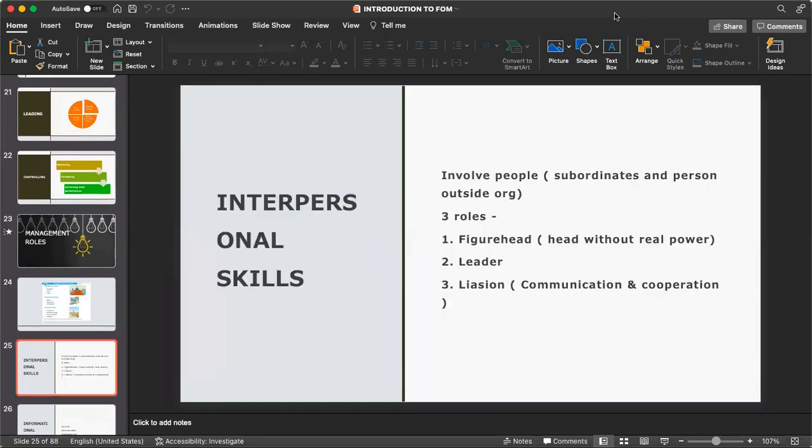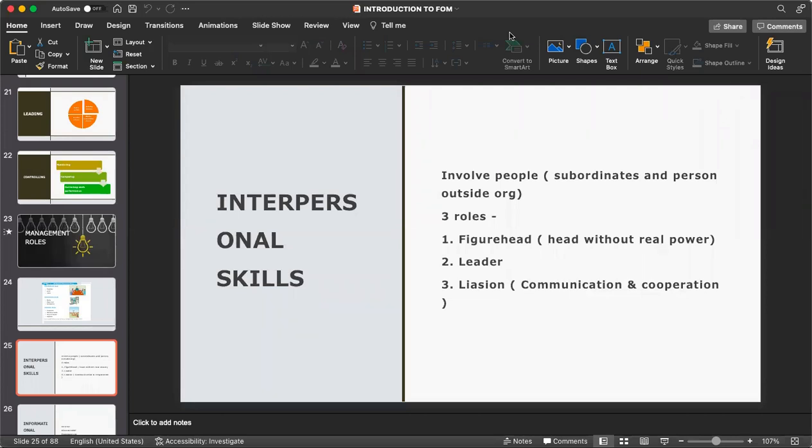First of all, we need to understand what we mean by interpersonal skills. Interpersonal skills means nothing but communication and coordination with your subordinates. Maintaining your rapport and your credibility in the company is one of the most precious tasks for an individual.